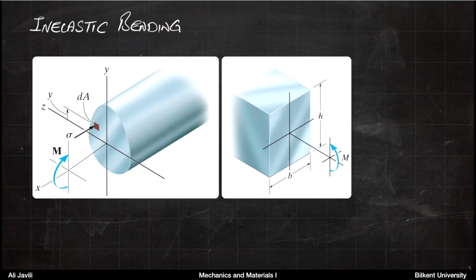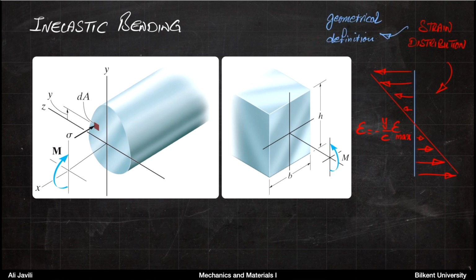The last topic that we want to discuss in this lecture is inelastic bending. So imagine our usual bending problem, and maybe for simplicity with a rectangular cross section. The strain distribution in this type of problems is linear.